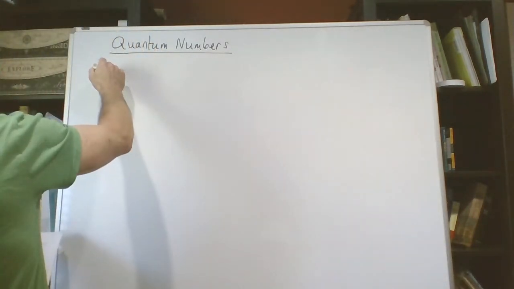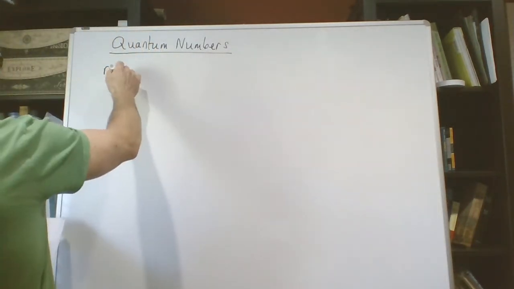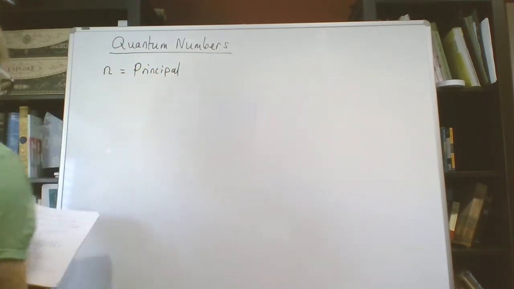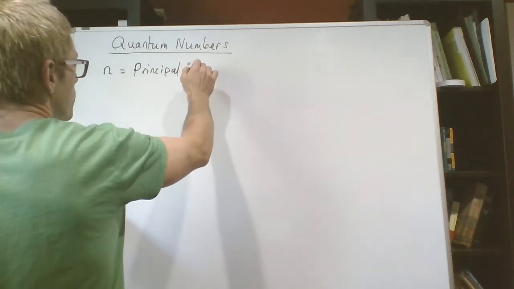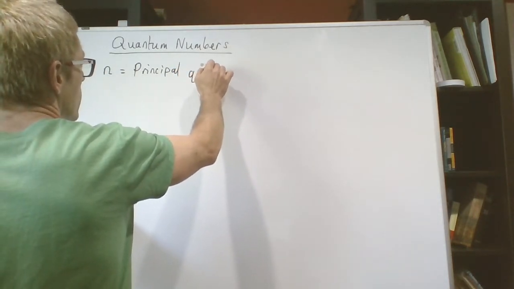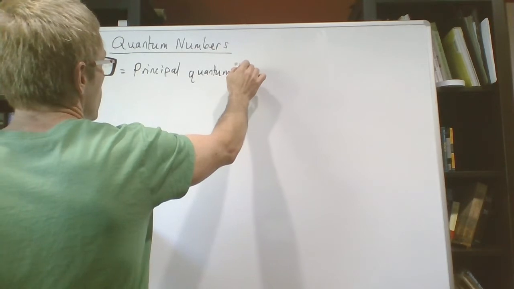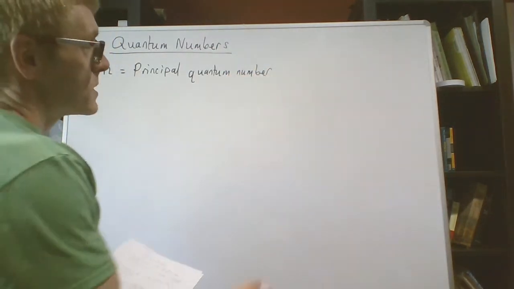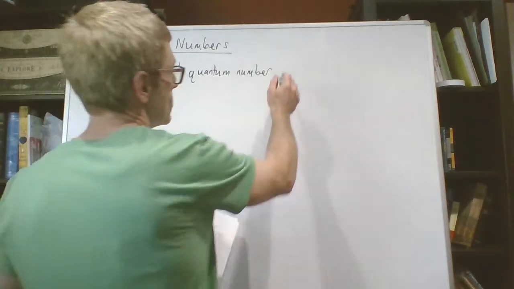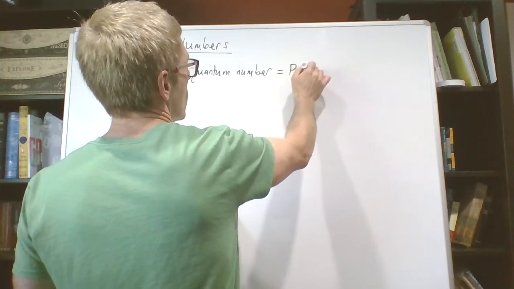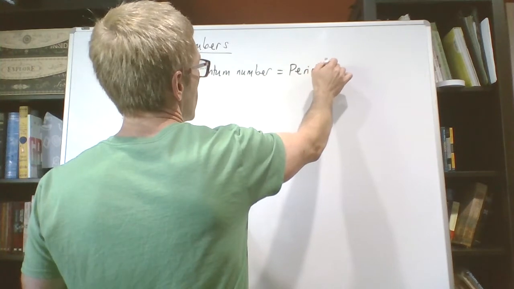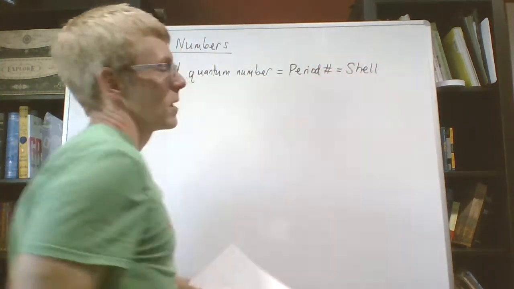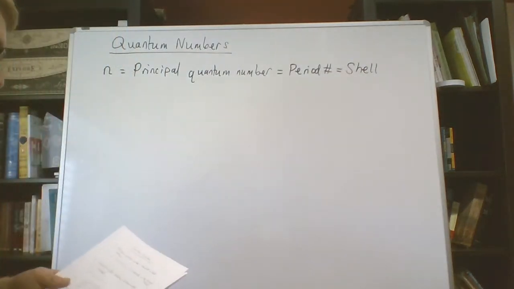Okay, so we have lowercase n, which is known as the principal quantum number. It's also known as the period number in the periodic table. It's also called a shell. So these are all synonymous, they all mean the same thing.